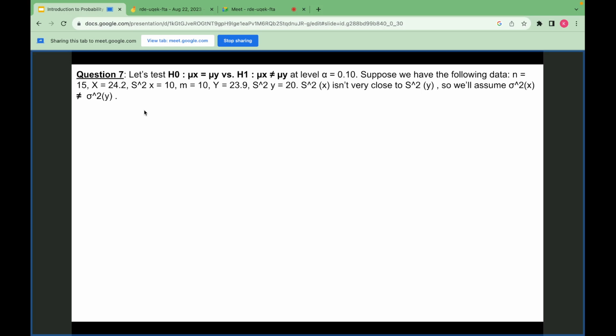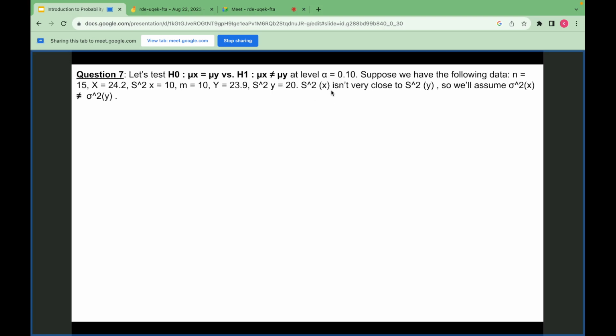Now this again changes a few things. In the previous question we took the sample variances, but we assumed that the population variances are somehow equal for both x and y. But in this question it is assumed that these are not equal.